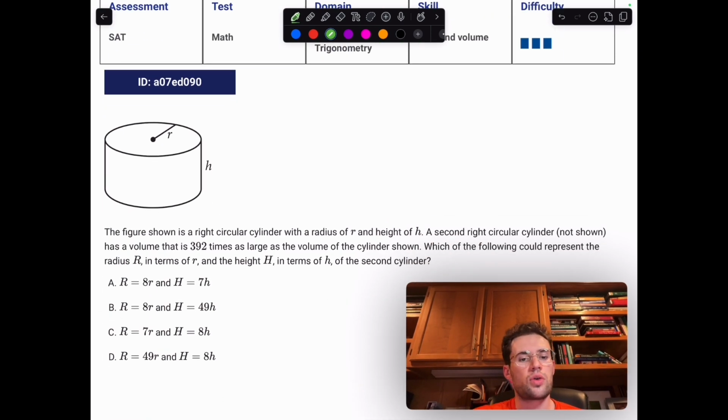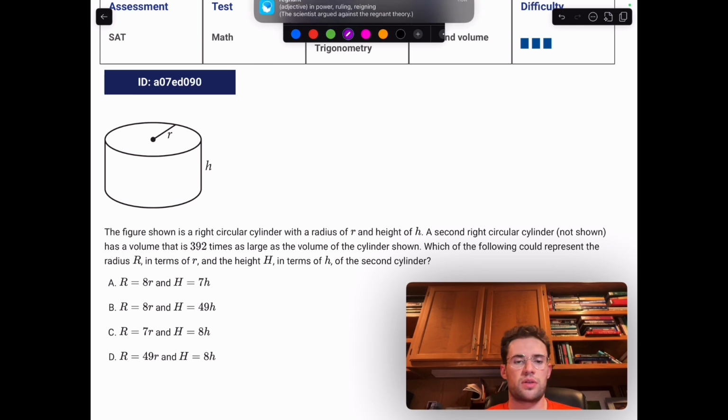The figure shown is a right circular cylinder with a radius of r and a height of h. A second right circular cylinder, not shown, has a volume that is 392 times as large as the volume of the cylinder shown. Which of the following could represent the radius, big R, in terms of r, and the height, big H, in terms of little h, of the second cylinder?